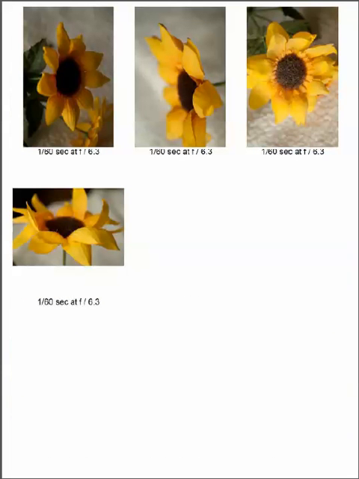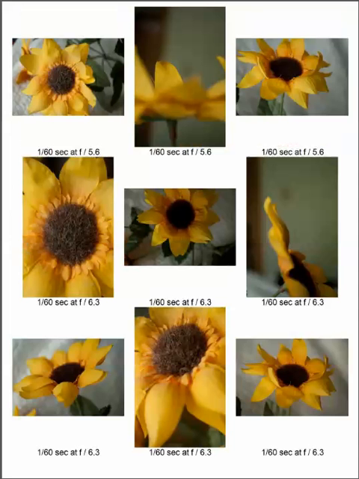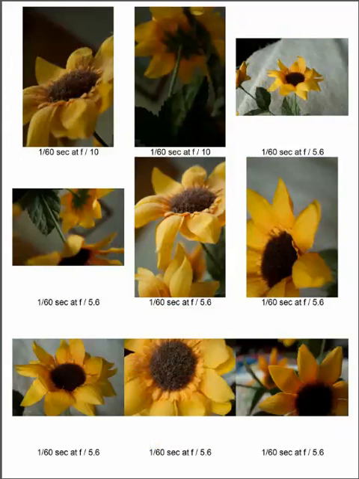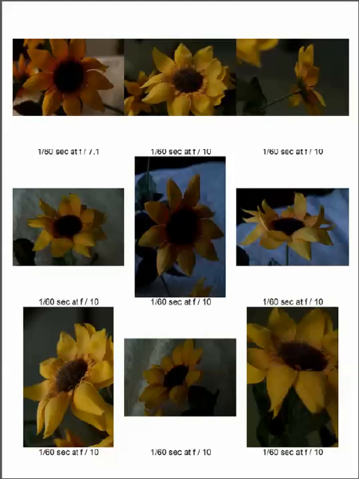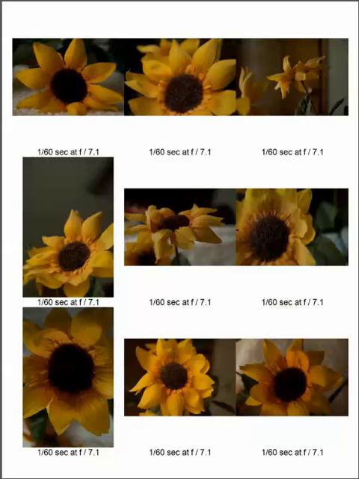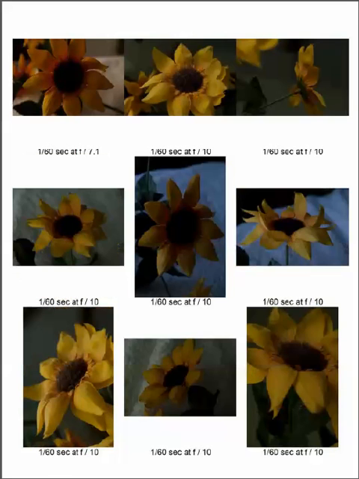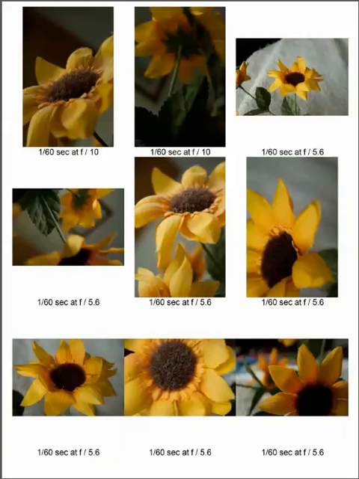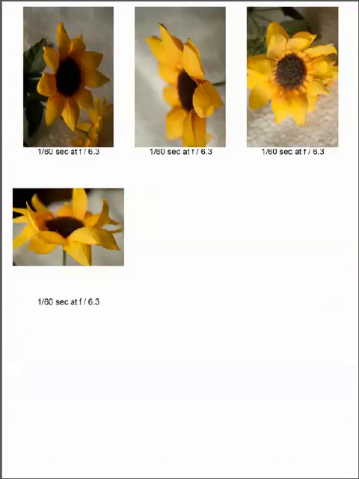I get that you shot 40 images and you shot at 4 different f-stops. It's just not exactly what I'm looking for here.